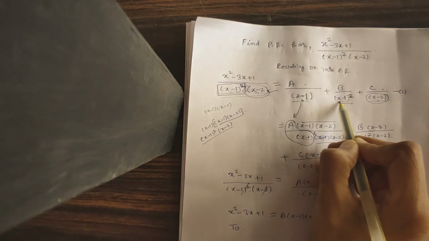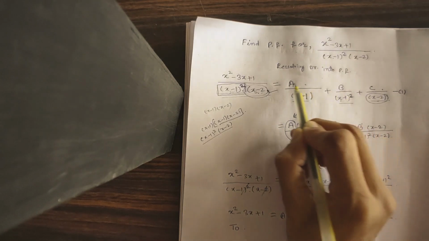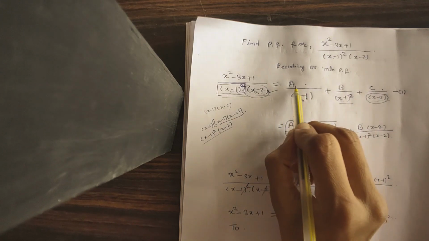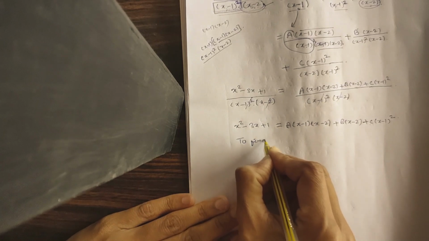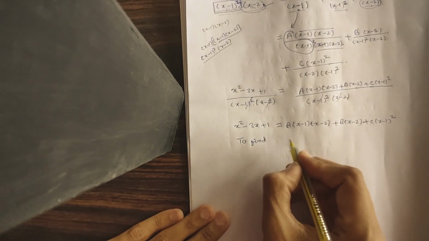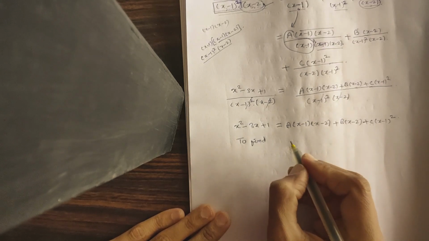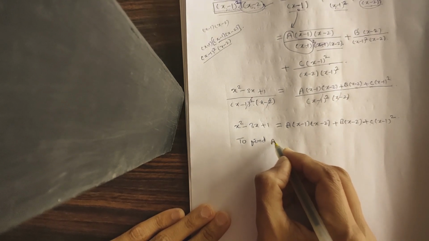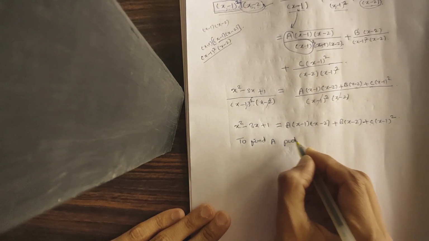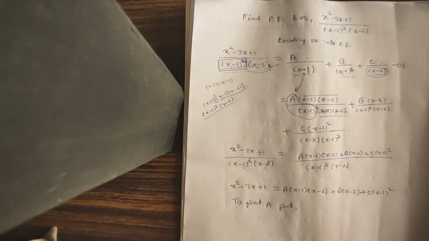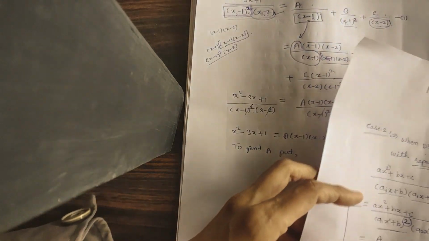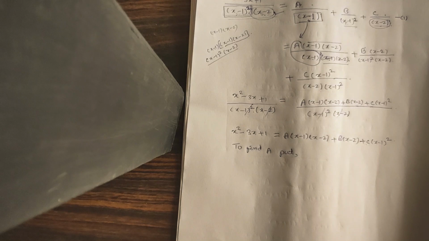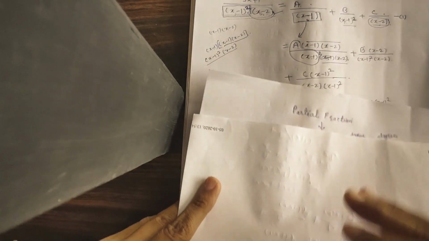So to find a, just equate the denominator of a with 0, and substitute that. So what will I get? I'll solve it on a separate page so that you will understand it, okay?